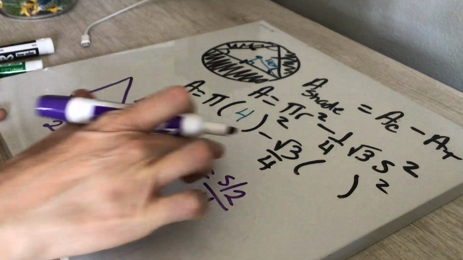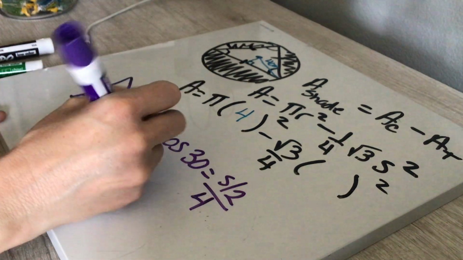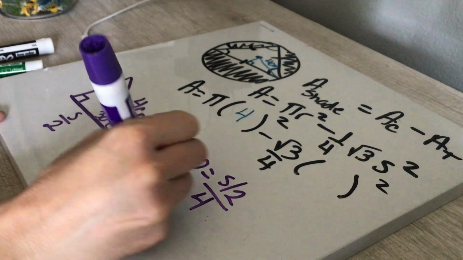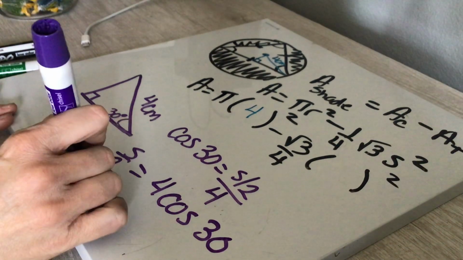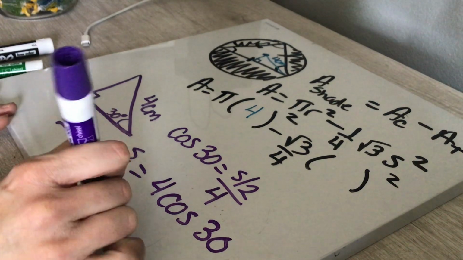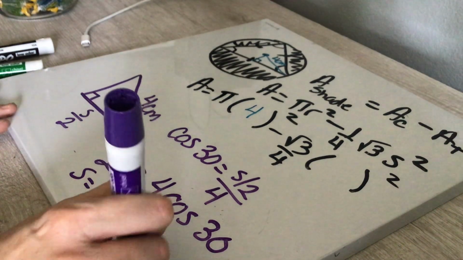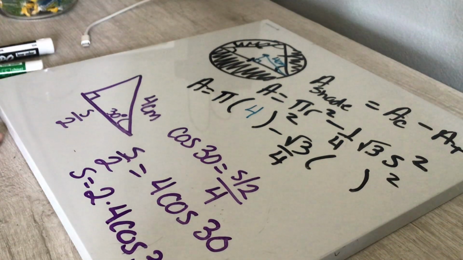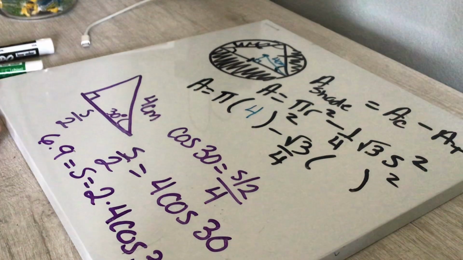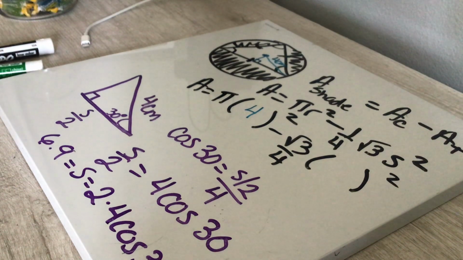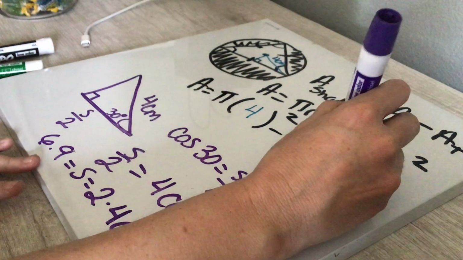Then we want to get the side over 2, so s over 2 equals 4 times the cosine of 30. And then to get the full side of the triangle, we multiply that by 2. So 2 times 4 times the cosine of 30, and when you plug it in, this is 6.9. So the side of your triangle is 6.9. Goes here.